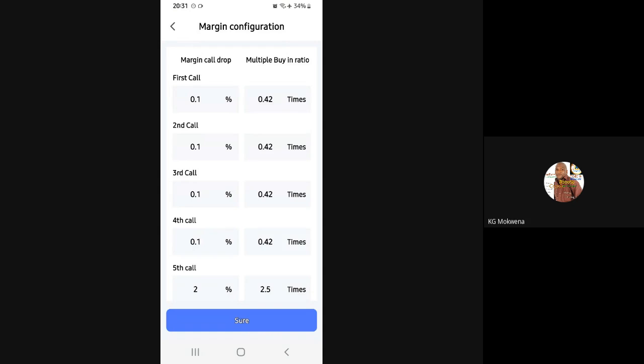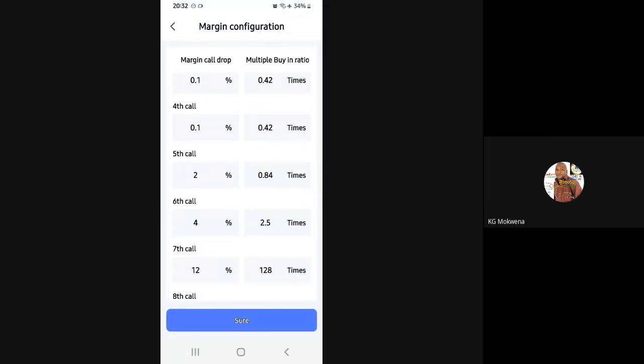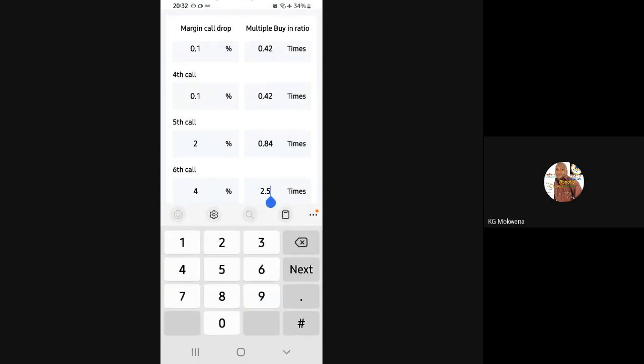So now from position number 5, where there's 2.5, yes, delete that 2.5. You'll put 0.84. Yes, everywhere put 0.84 going down for this particular account.